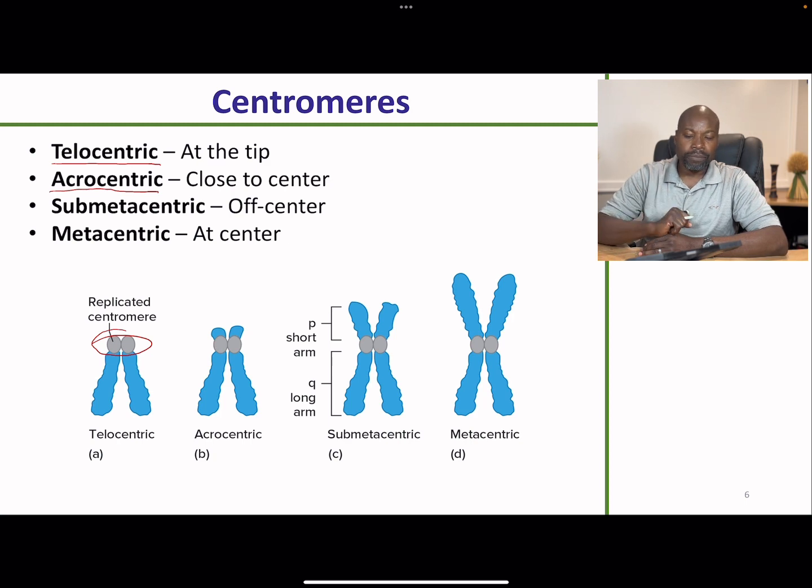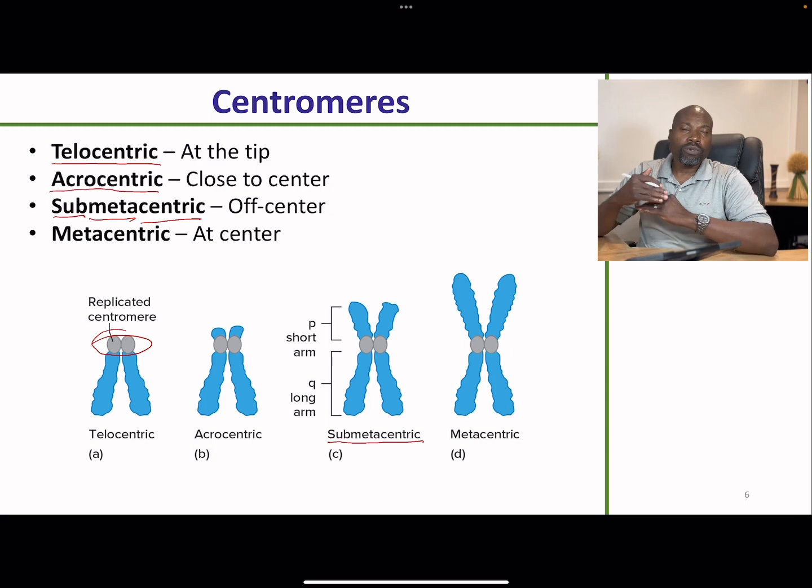They are closer to the center, but not quite at the center though. Then we have the most common, actually, which are the sub-metacentric. Sub, underneath, meta, the middle, right? Sub, underneath, meta, middle, centric. So they are close to the center, but they are not quite at the center, right?